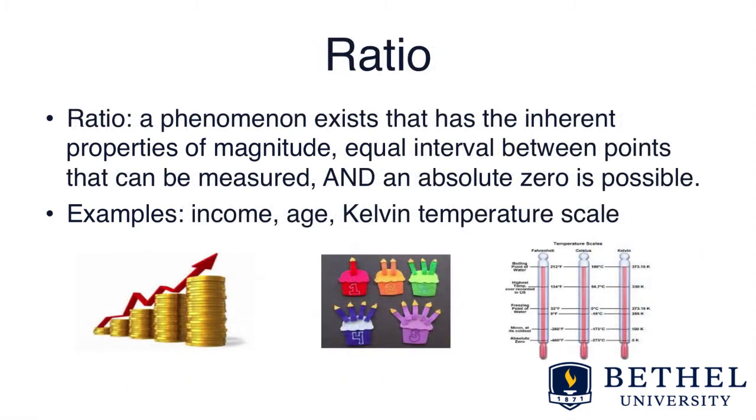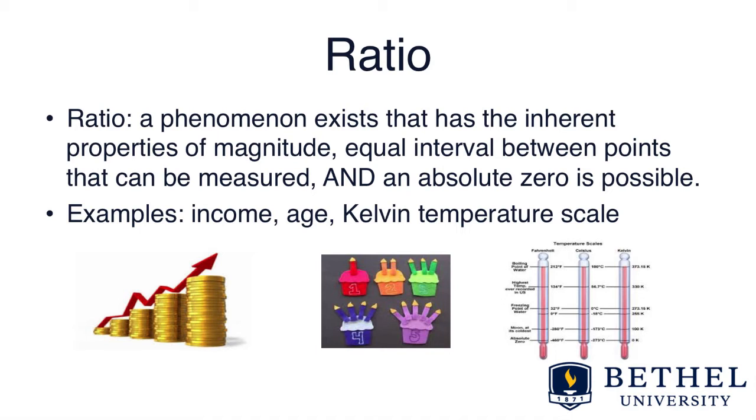The fourth and final way that we look at phenomena to be able to measure its properties is what we call a ratio scale. And a ratio scale is measuring phenomena that exists that has inherent properties of magnitude, of equal intervals between the points that can be measured, and has an absolute 0.